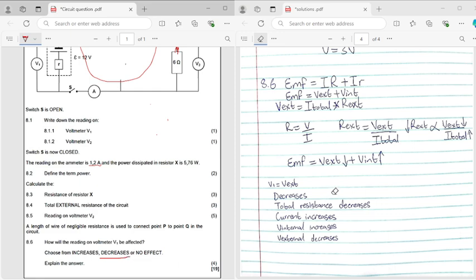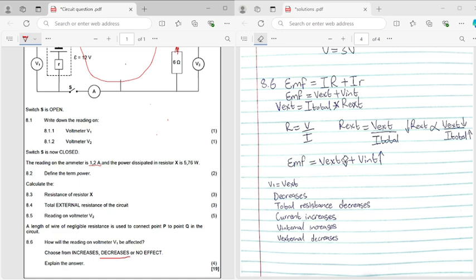And then this is how we explain the answer. We first say it decreases, and then the explanation: total resistance decreases, and then the current increases. Let me start with V external: it decreases, as you saw there. The reason V internal increases is because the EMF is constant, it doesn't change.